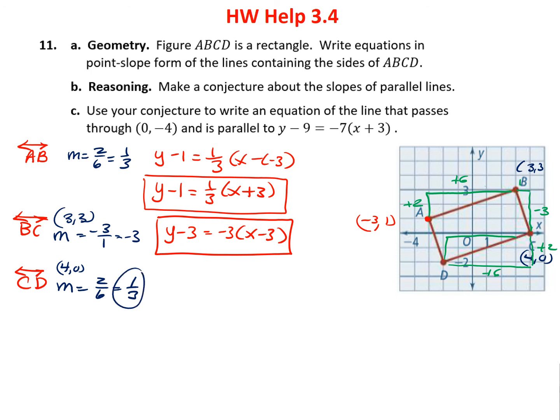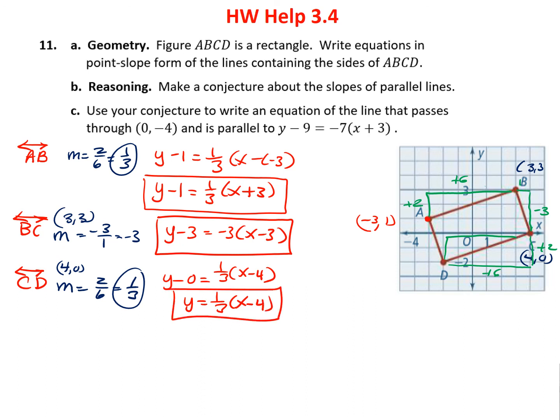Notice that this and this are the same. That means these two lines are parallel. They have the same slope. Let's write our equation now: y minus 0 equals 1/3 times x minus 4. Or you could simplify that and say y equals 1/3 x minus 4.